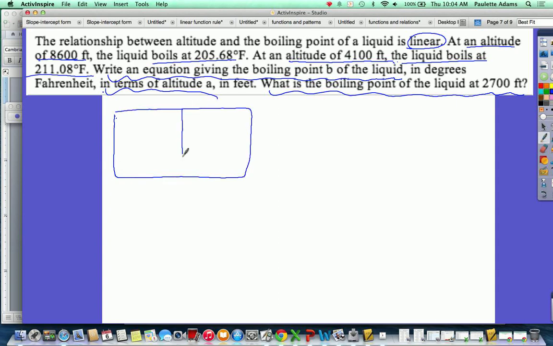Let's talk about this. Who's the independent? Who's the dependent? Does temperature depend on height, or does height depend on temperature? Temperature depends on height. So it means your height is your x and your temperature is the y.